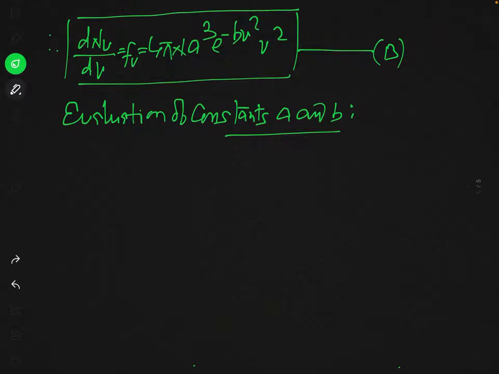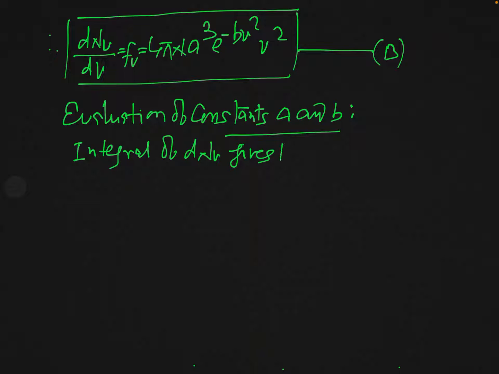So you can say that the integral of dnv gives the total number of molecules, which is n.